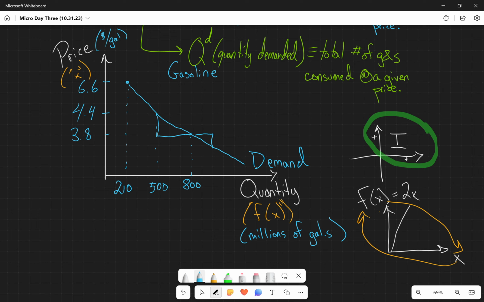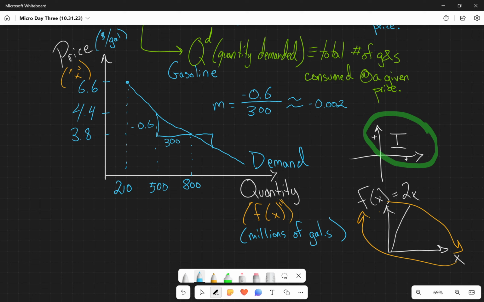So it's got a fall between 4.4 and 3.8, so that's a 0.6 negative fall, and it's got a growth of 300 million gallons, and so we'd end up with a slope of the fall over the run, and so we would end up with some very negative small number, something, let's see here, 0.002.